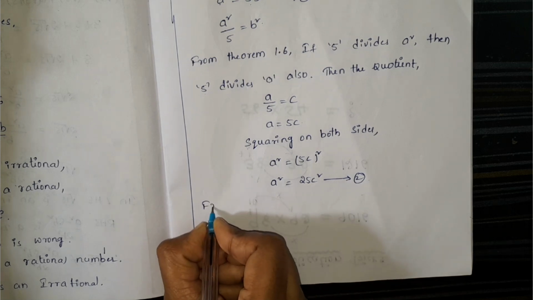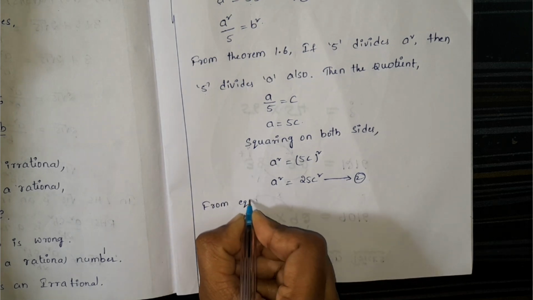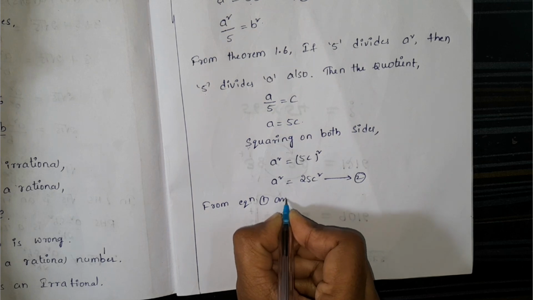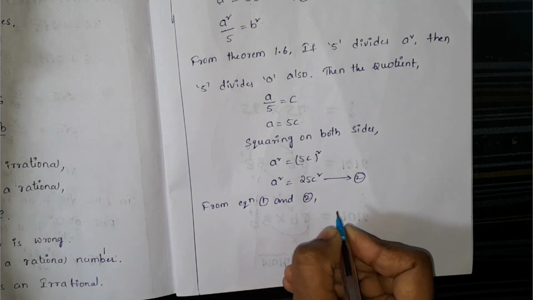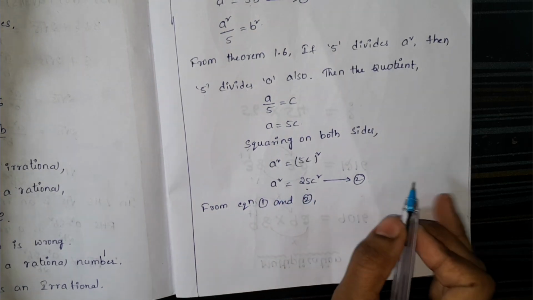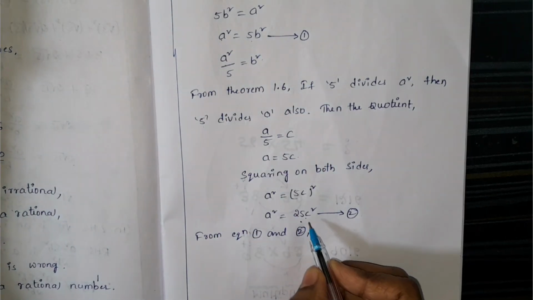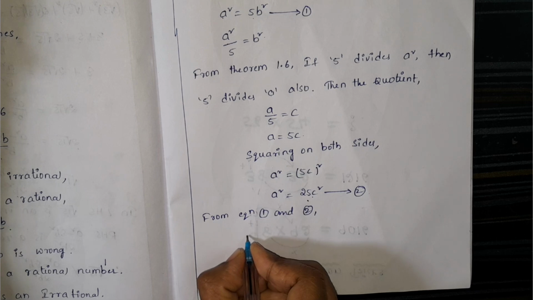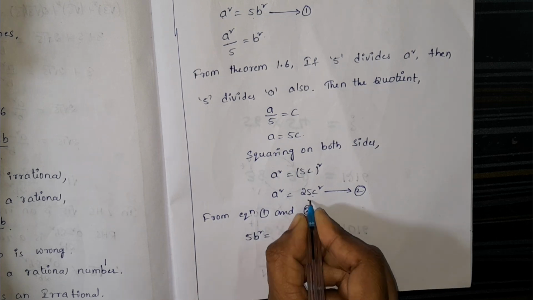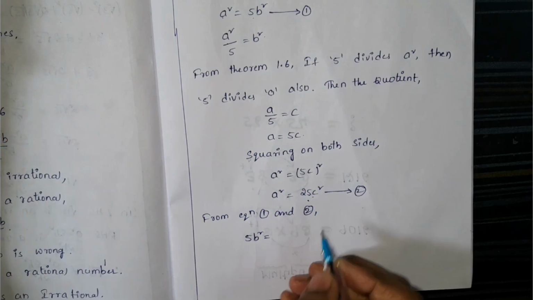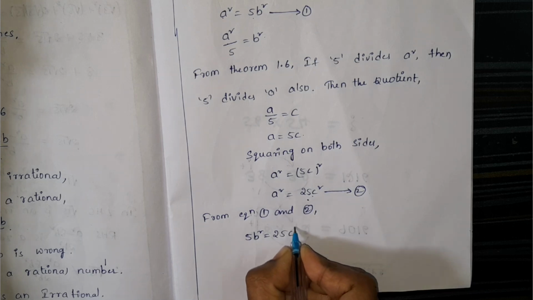Both are the values of a square only. So from equations 1 and 2, we can write 5b square equals 25c square, since both are values of a square.